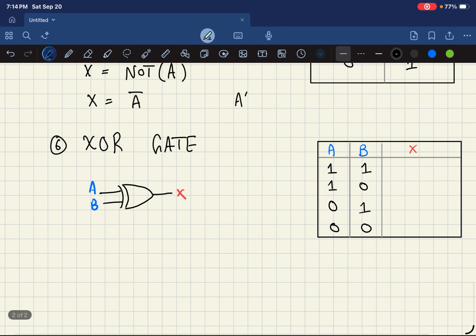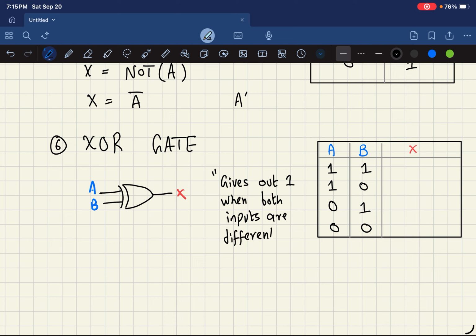This is the drawing of it, and basically the way this one works is it gives out 1 when both inputs are different.